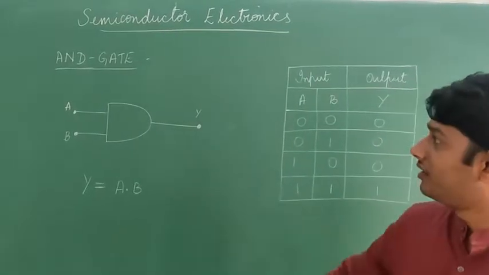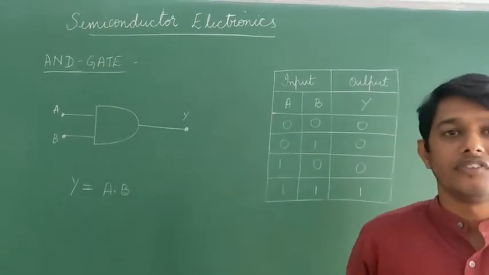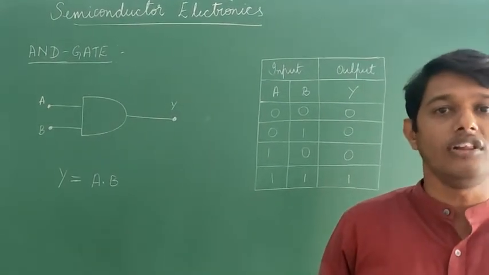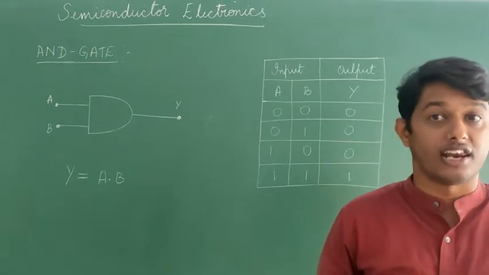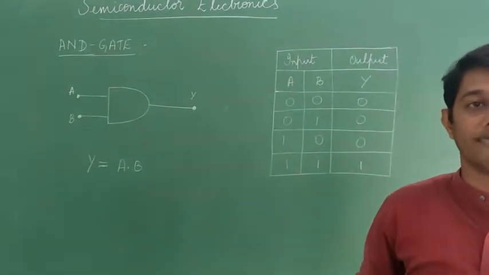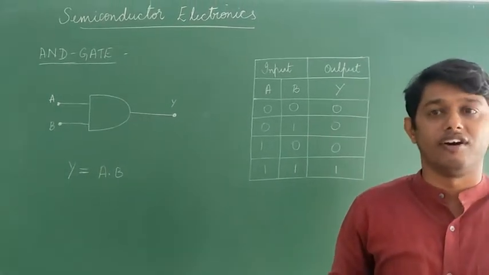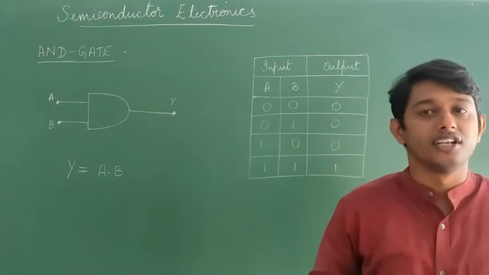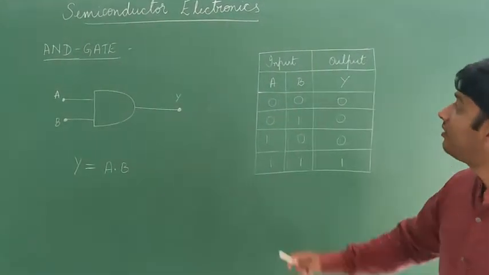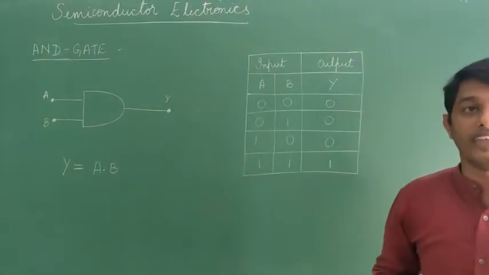The next one is AND gate. The logic gate in which the output is 1 when all the inputs are 1 is called an AND gate. This is the circuit symbol of the AND gate and this is the truth table of the AND gate.